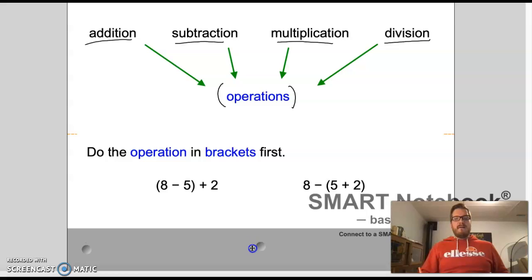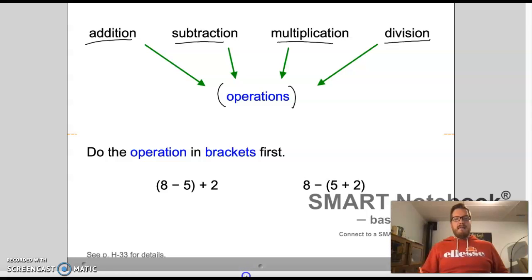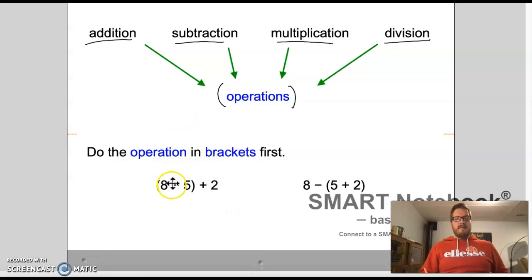And so here we have a couple of different math sentences. This one says 8 minus (5 plus 2)... Sorry, the watermark is kind of covering it. In the first one, I'm going to do the bracket part first: 8 minus 5 is 3, and then I'm going to add that to 2, which equals 5.